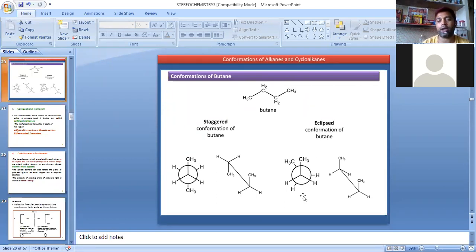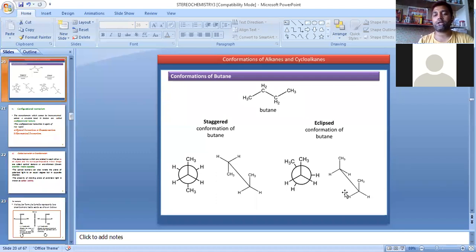In eclipsed conformation, I told you that the dihedral angle will be 0. Understood? See, this methyl group on the front carbon and methyl group on the back carbon, the dihedral angle is 0. Similarly, these two hydrogen atoms, dihedral angle is 0. And here also, the dihedral angle is 0.